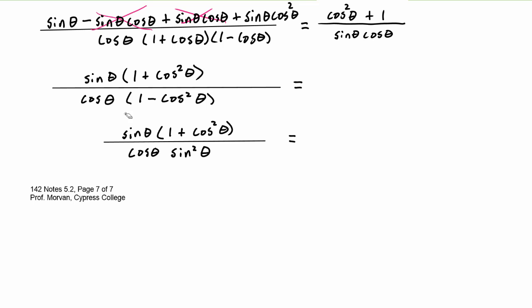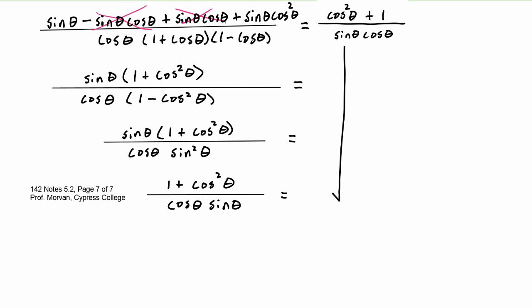Now the sine here will cancel one of these down here, and we get 1 plus cosine squared of theta over cosine theta sine theta, which is exactly what we had on the right-hand side. So that will come on down. Therefore, this has been verified.